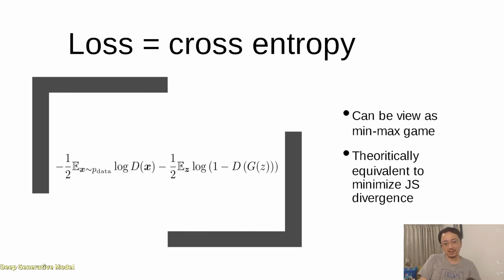However, you will see later that in practice, we are going to change the loss function for the generator a bit, so all of these things are not valid anymore. If we use the same loss function, we have very good theoretical properties. However, that one doesn't work very well in practice, so we change the loss function to another.